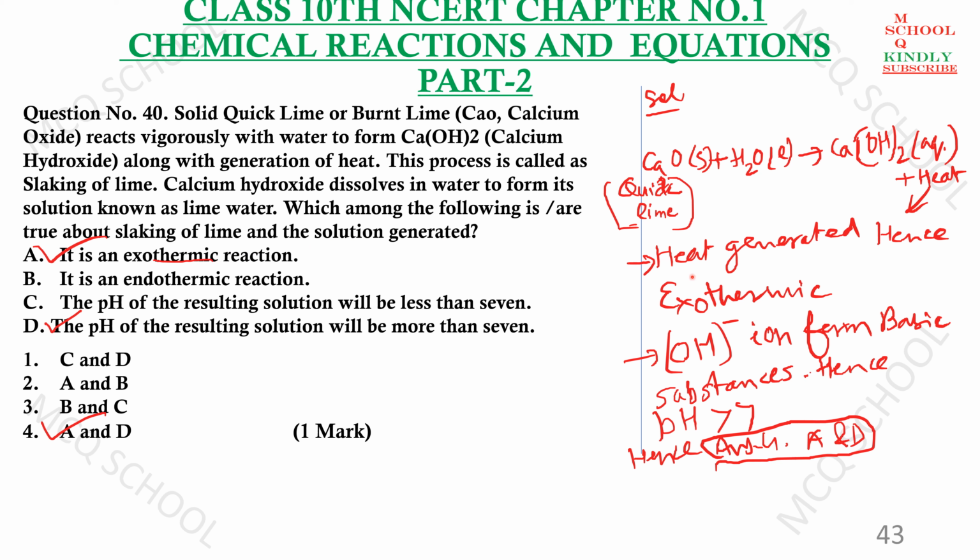Next, because OH is there in the product, in the case of OH ion, we know that it's a basic substance. So when basic substances are there, alkaline substances are there, the pH would be more than 7. Hence the correct answer is A and D. That means 4. That's the right answer.